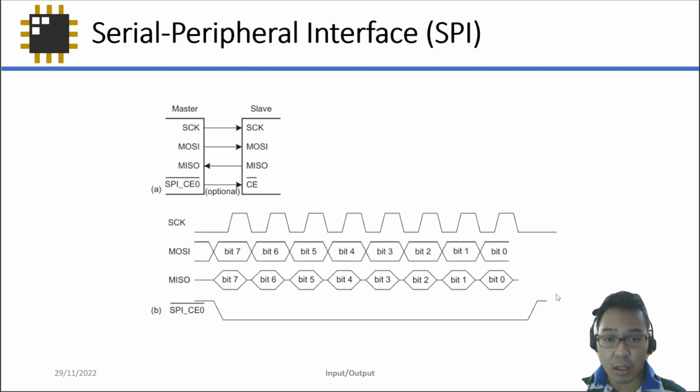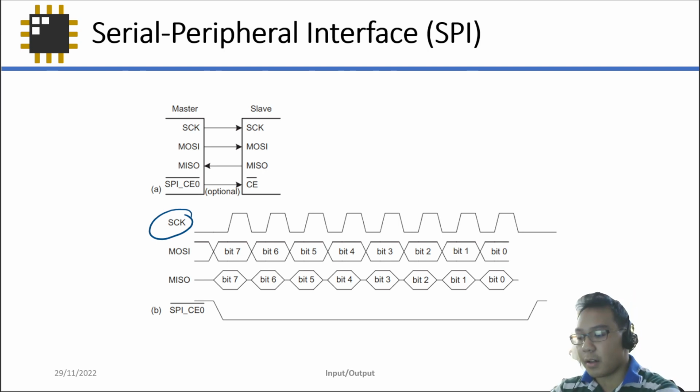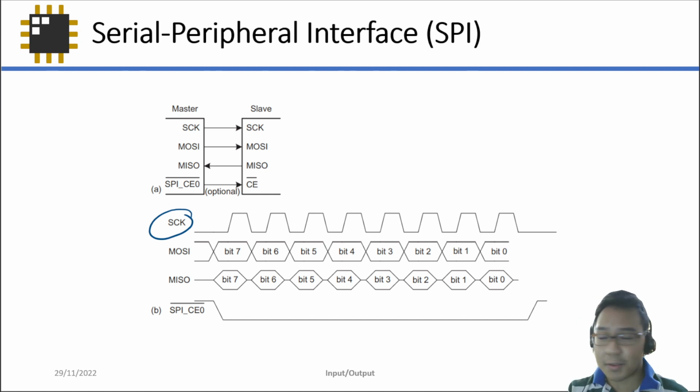Let's discuss the other communication interface for this lecture, which is the serial peripheral interface. The serial peripheral interface has a clock, SCK, that is distributed to all the peripherals. SCK stands for serial clock.